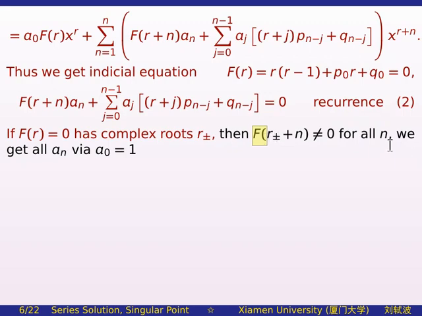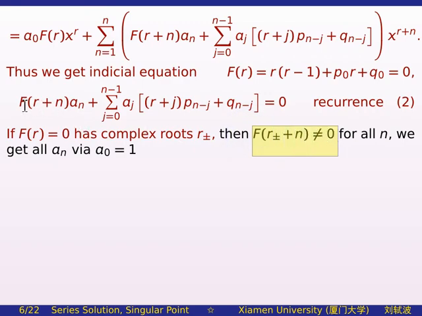But for n from 1, 2, 3, that is all positive integers n, r plus n and r minus plus n will not equal r plus and r minus. Therefore, this F will not be 0, because F only has two zeros, r plus and r minus. So we deduce that this is not 0.